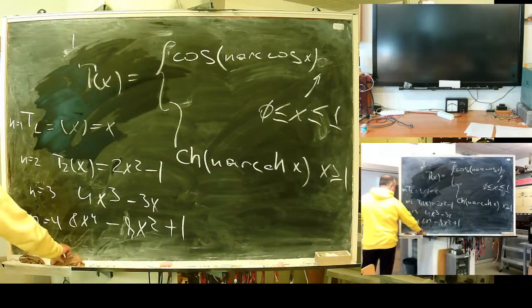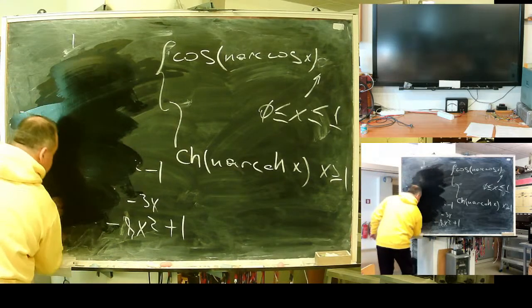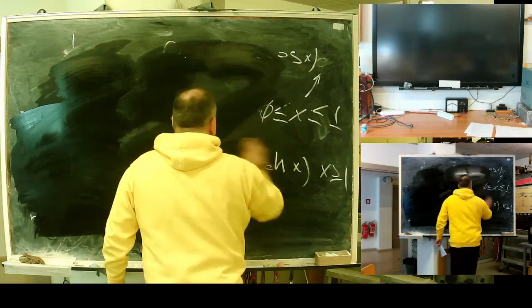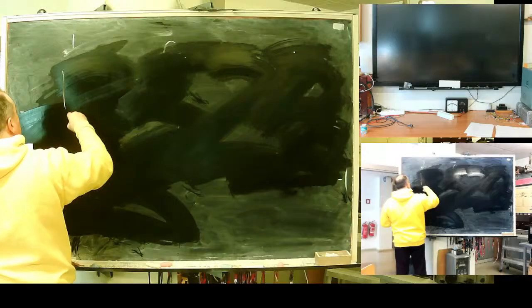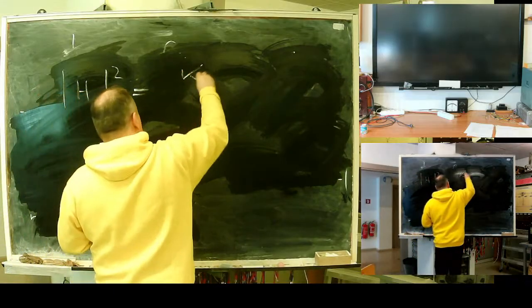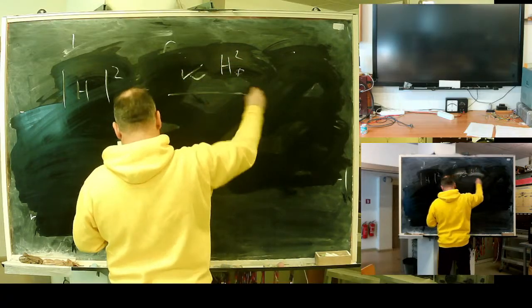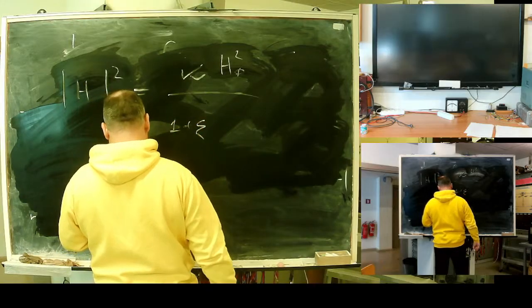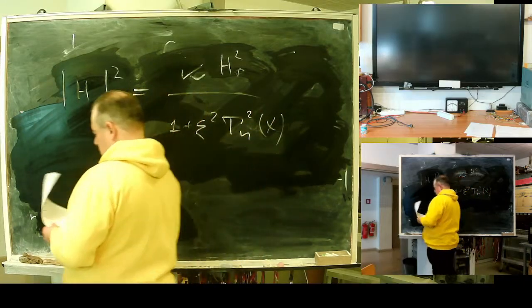For the case of a filter, you define a characteristic: the square of the transfer function module equals K squared divided by 1 plus epsilon squared times the Chebyshev polynomial of order n squared.